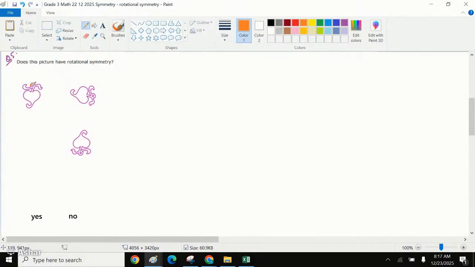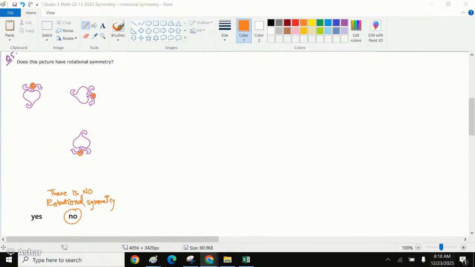Because this part was at the top. Now this part is at the side and this part is now at the bottom, right? So we can say there is no rotational symmetry. Okay. We'll look at more examples where we would find rotational symmetry.